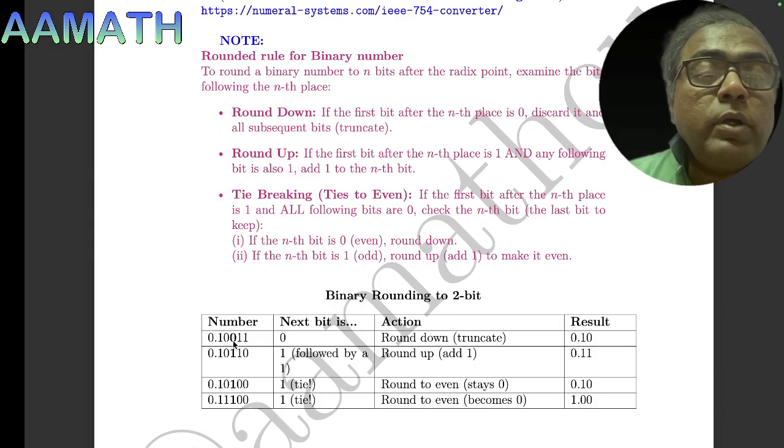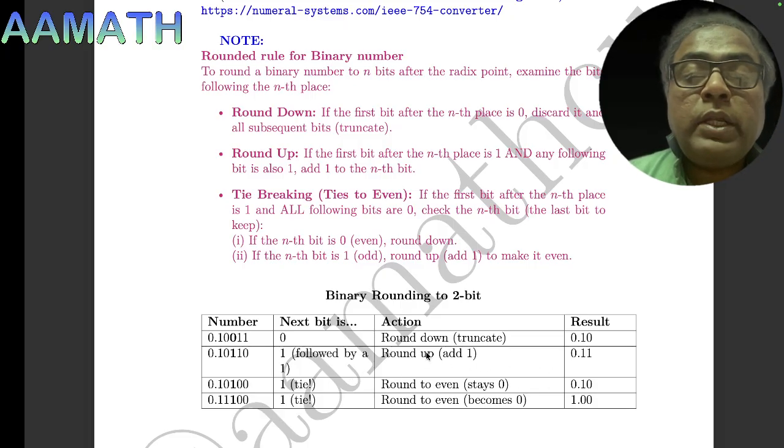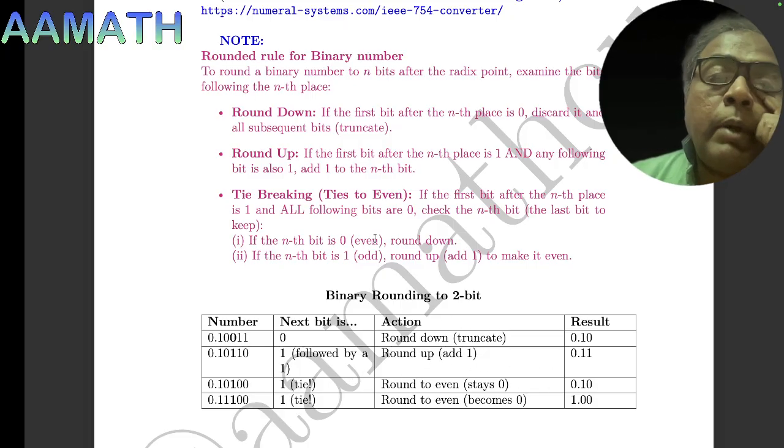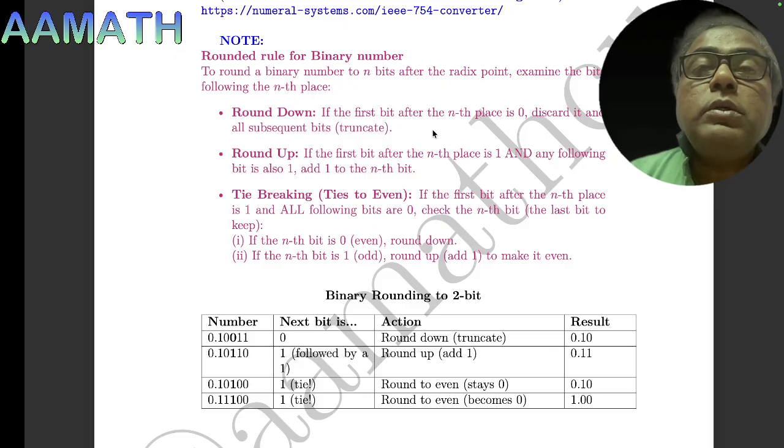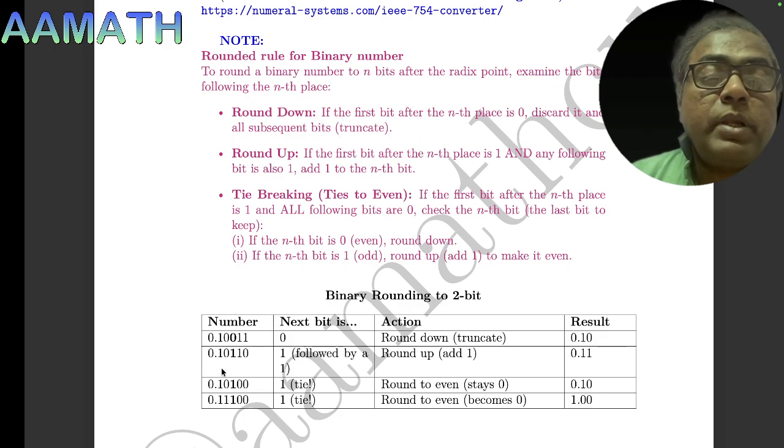The next bit is 0, and we want to preserve 1 and 0, giving 0.10. So it is only rounded down and truncated, since the first bit after is 0, we discard it and subsequent bits are truncated.